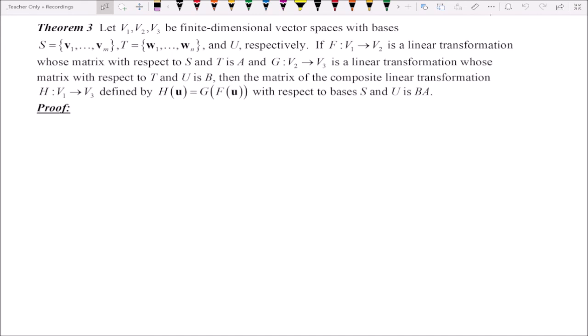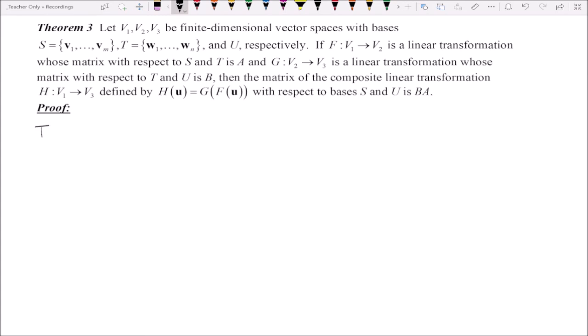If f from V1 into V2 is a linear transformation whose matrix with respect to S and T is A, and g from V2 into V3 is a linear transformation whose matrix with respect to T and U is B, then the matrix of the composite linear transformation h from V1 into V3, defined by h of v equals g of f of v, with respect to bases S and U is B times A.